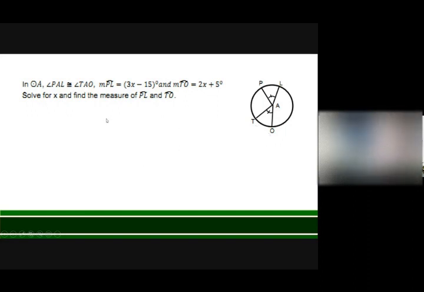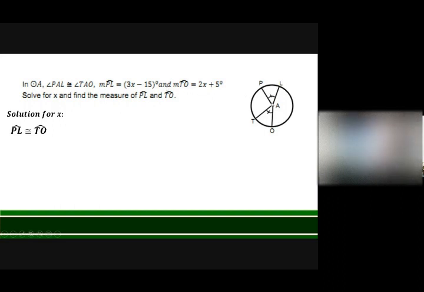Simple lang. From the theorems of central angle, sabi natin, those central angles are congruent. So, in solution for x, from the given, arc PL and arc TO are congruent. Kasi sila lang yung may value na meron tayo.